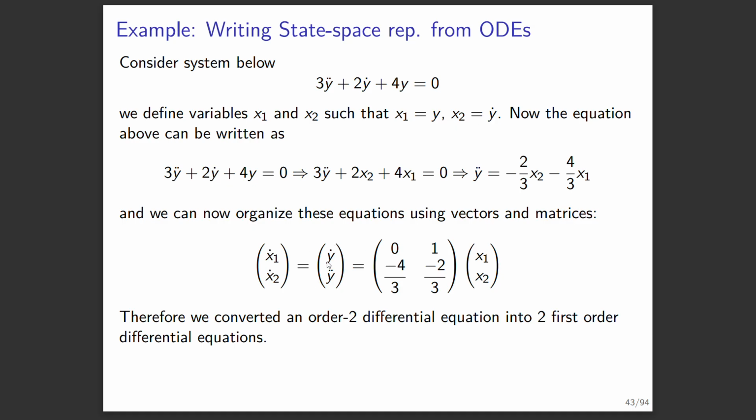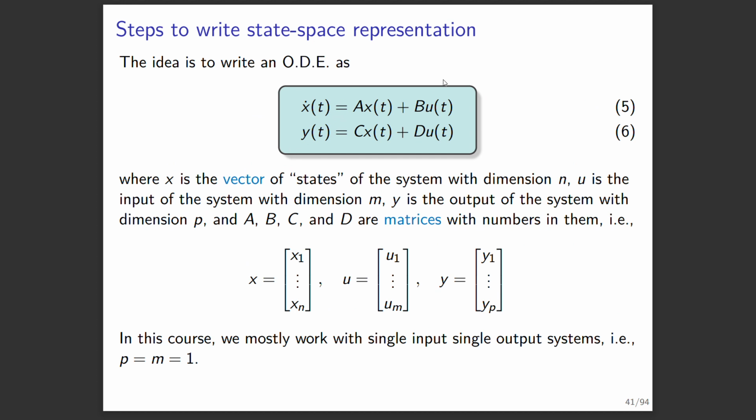So y dot is 0 x1 plus 1 x2. So I use this equation, and I use this equation to write my relationship here. And this matrix is my A matrix. This is the x vector, and this is x dot. So I wrote this first line here, x dot equals to Ax plus Bu.